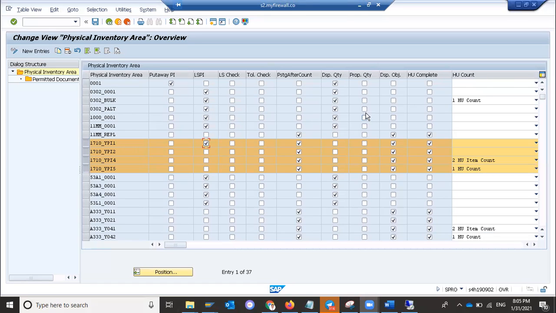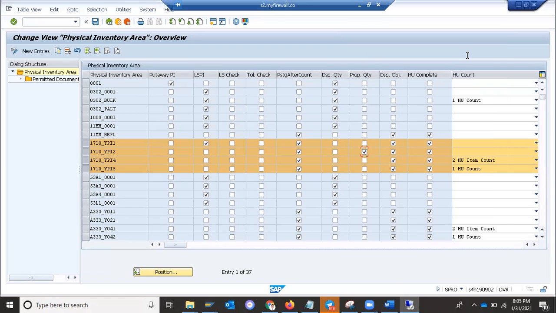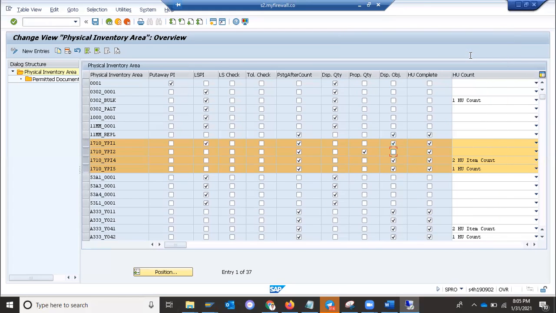So this is the combination. What is the proposed inventory quantity at the time of count entry, right? Also, we have what will be the display item object at the time of count, maybe handling unit operated for the storage bin.